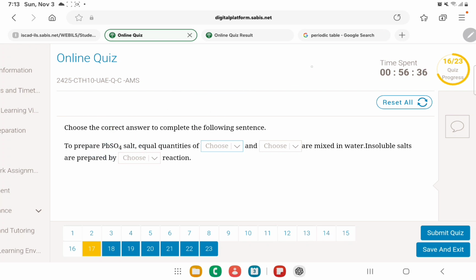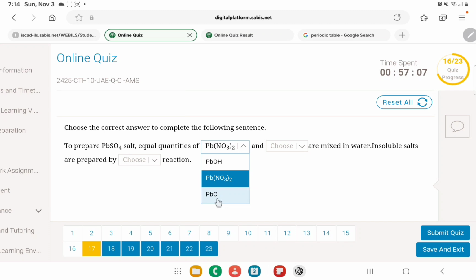So we know that insoluble salts can be prepared using precipitation, which is by mixing two soluble salts. So we're going to need to use Pb and PbOH. OH is always insoluble except when it comes with any of the salts from the first row in the periodic table, so that's wrong. NO3 is correct, and PbCl, that's wrong.